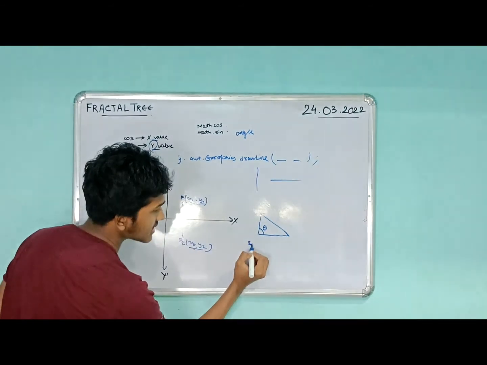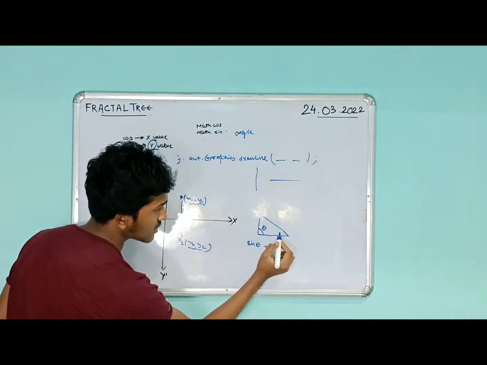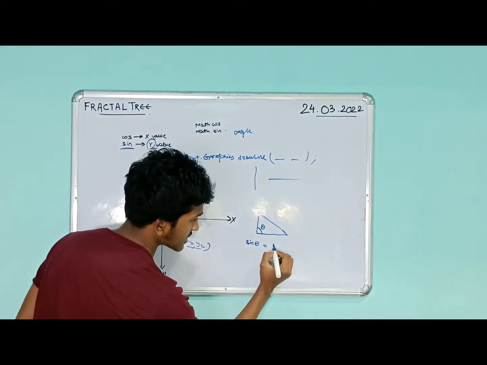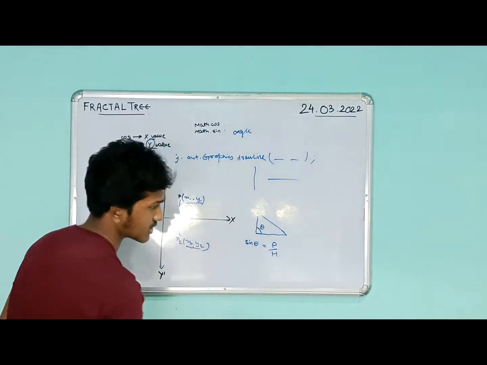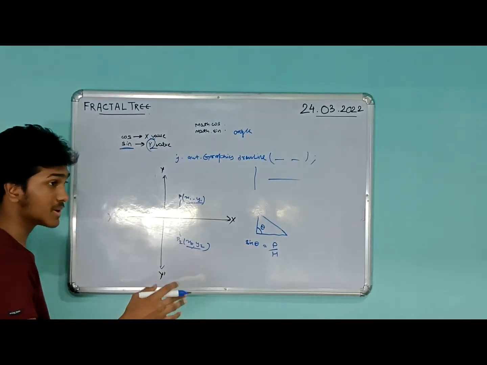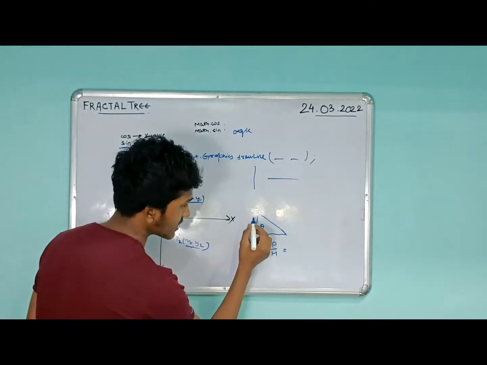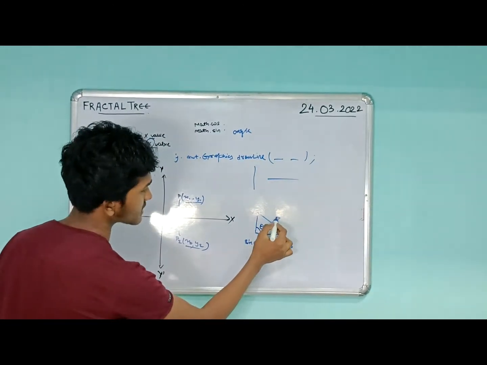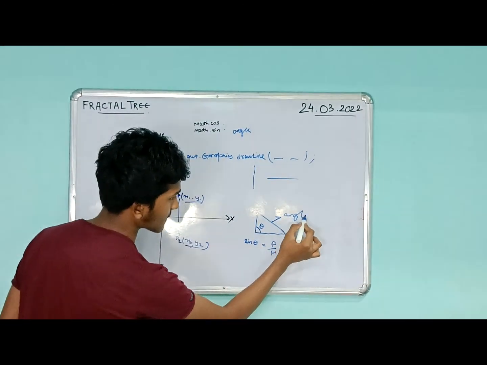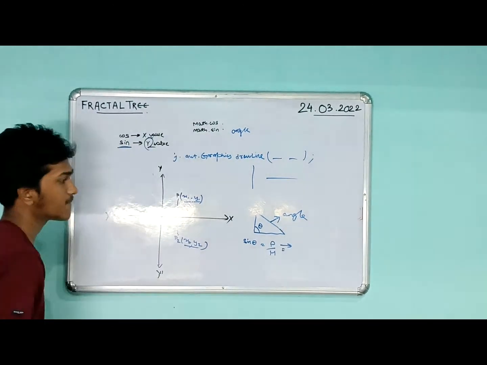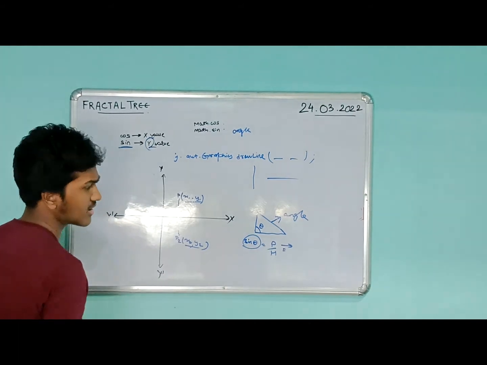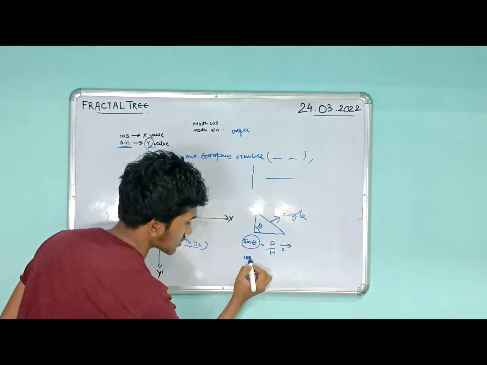Now sine theta would give you perpendicular by hypotenuse, where this is the hypotenuse because it's opposite to the 90 degrees, and then you will get this perpendicular. As you know, slope is given by the angle itself. So you get the perpendicular by this sine theta, and the same goes for cos theta also.